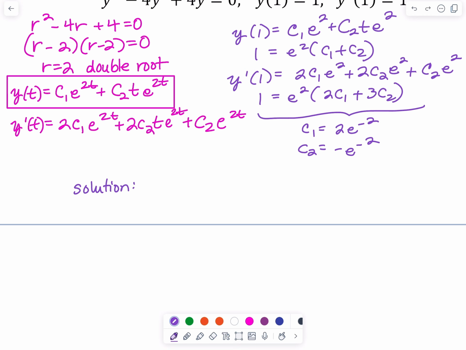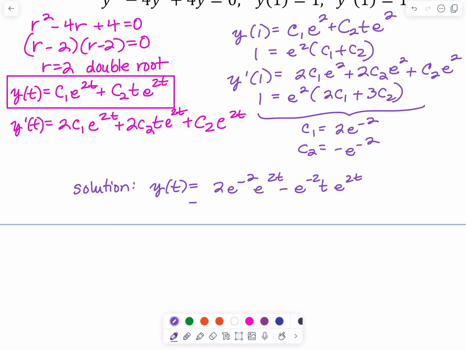And we come up with y of t is equal to 2e to the negative 2, e to the 2t, minus e to the negative 2 times t multiplied by e squared, e to the 2t.